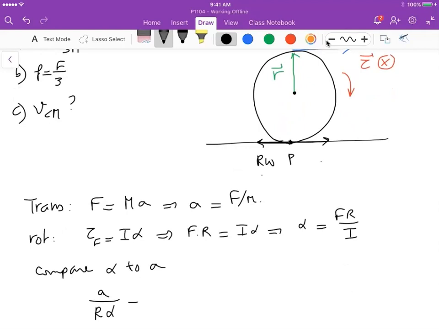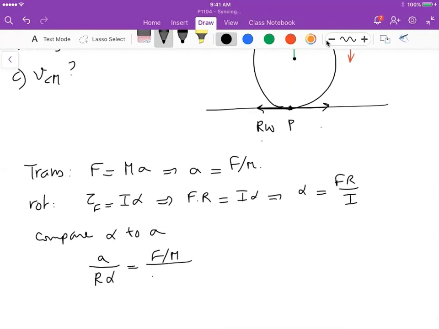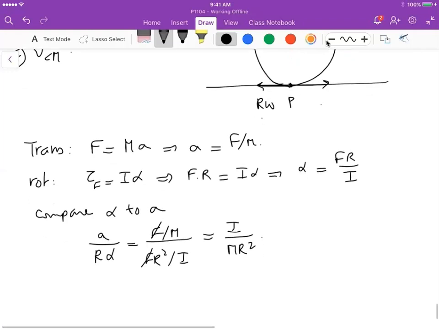So we end up with A هي F over M وال R times alpha حتطلع معنا F times R squared over I. مظبوط، معناتها هون بيطلع ال F and F they cancel out بالنيوميريتور and denominator وبيبقى عندنا I divided by MR squared. So لحتى نعرف مين حيغلب لازم نشوف شو هو ال I اللي علينا. بما انه نحن هون we are dealing with a cylinder so that means that I is equal to half MR squared.